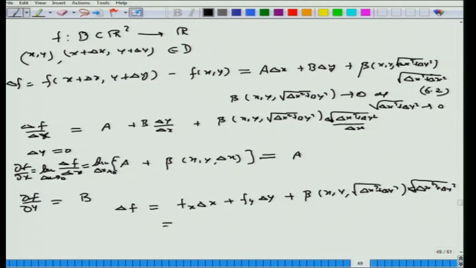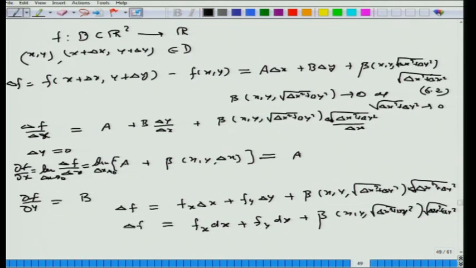And we have this, as delta x is the same thing as dx, as f x dx plus f y dy plus beta x y times square root of delta x square plus delta y square. And so, this is the linear part in the increment.